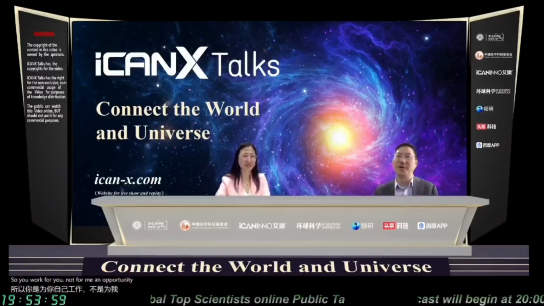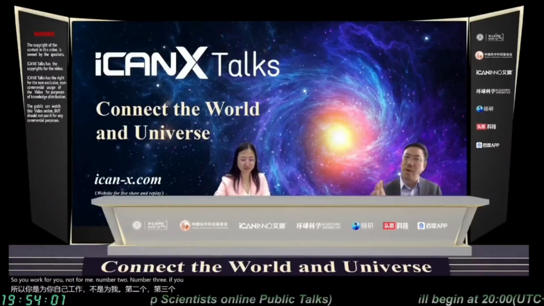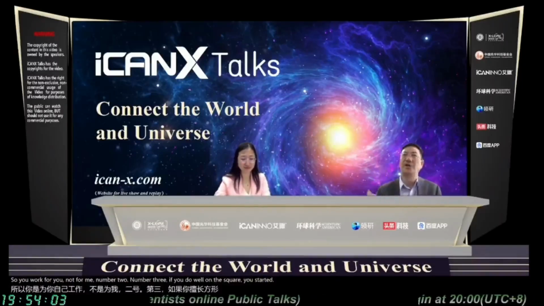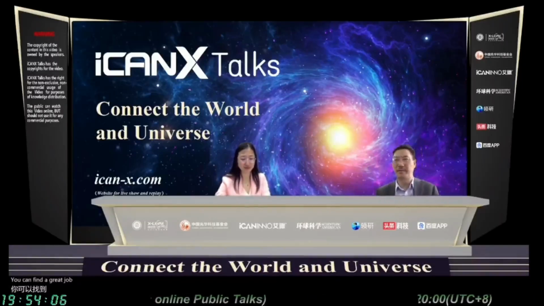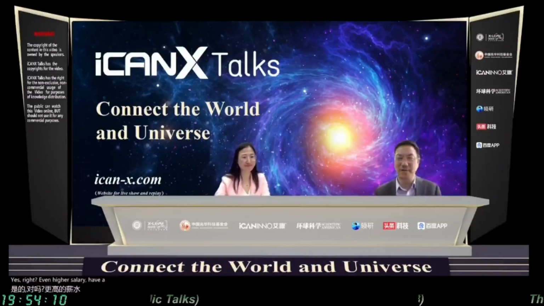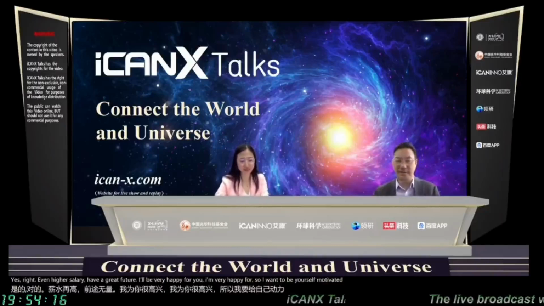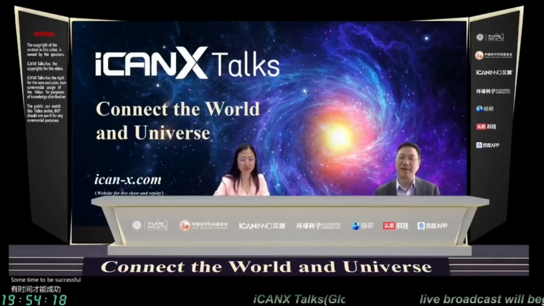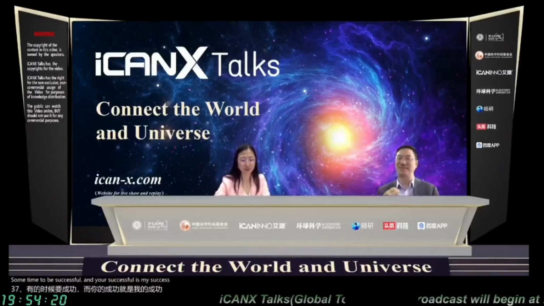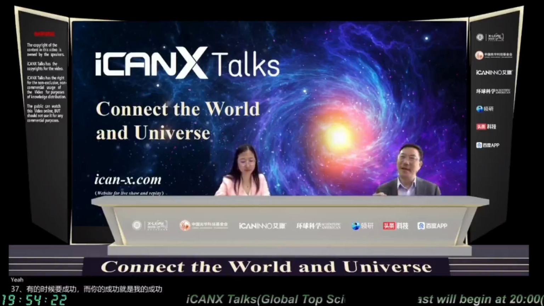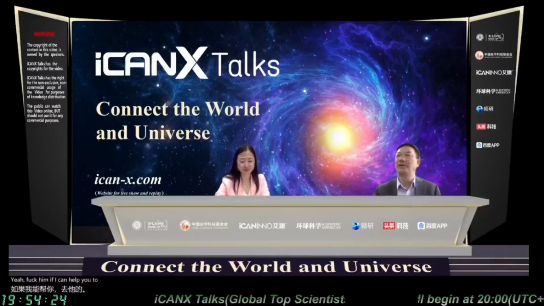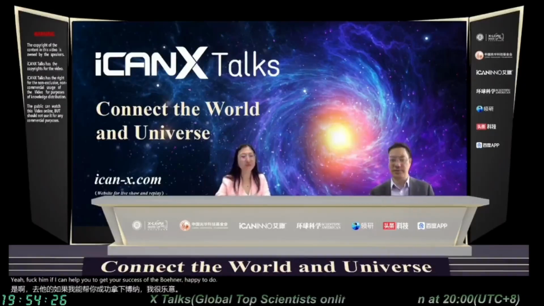Number two, number three, if you do well in graduate study, you can find a great job. You'll get a higher salary and have a great future. I'll be very happy for you. I want you to be self-motivated. At the same time, if you are successful, then your success is my success. If I can help you to get your success, I'll be more than happy to do so.